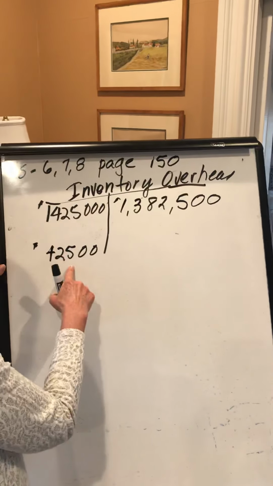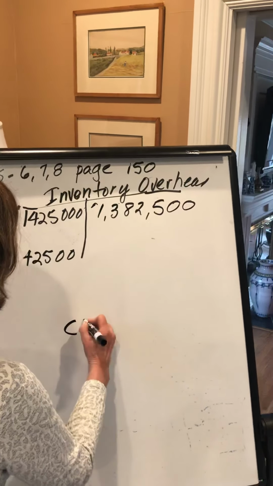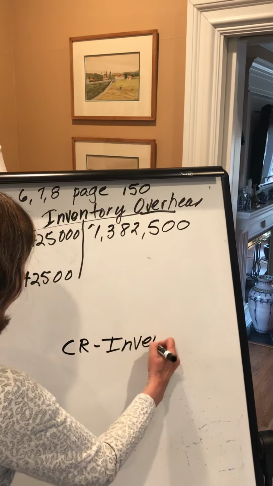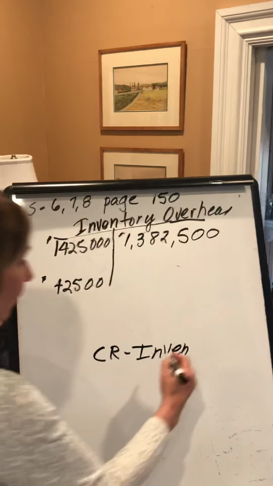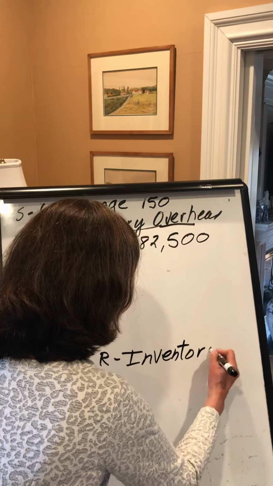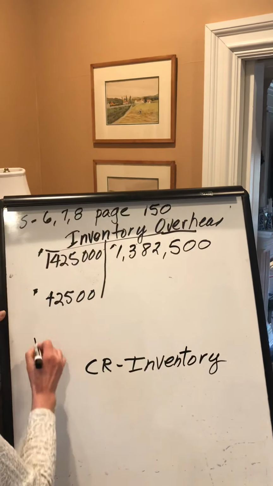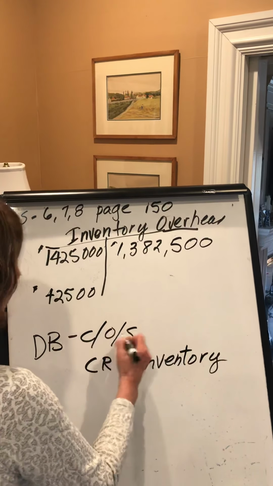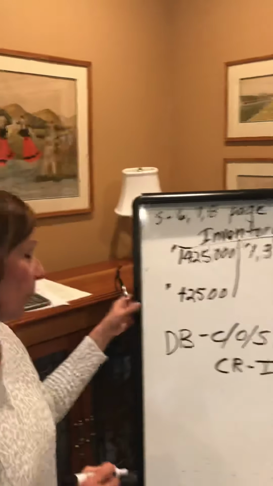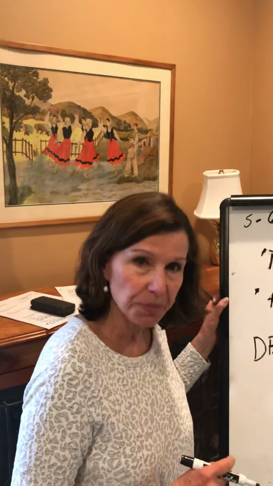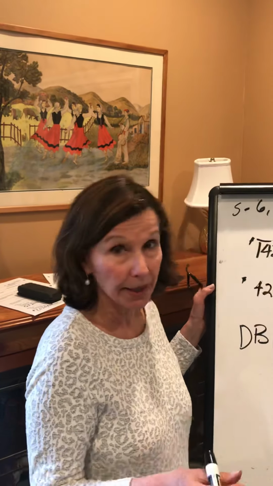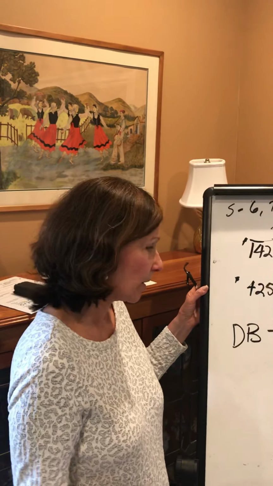Well, this is a debit balance, so now I have to credit inventory by $42,500 and debit cost of goods sold. And that, my friends, will be unwelcome news because that's going to decrease their income and maybe year-end bonuses.